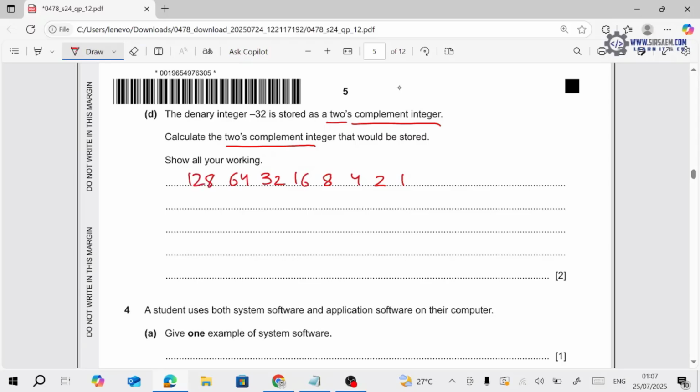Now if I want minus 32, I'll convert this into minus. So I'll write over here 1, which is negative. Minus 128 plus 64 is minus 64. Minus 64 plus 32 is minus 32. Okay, so the rest of them can be converted into 0. So this is what we get as the answer.